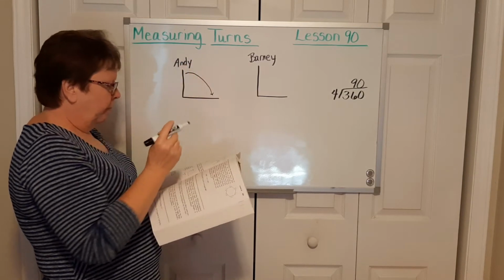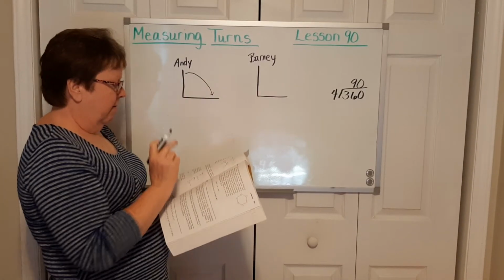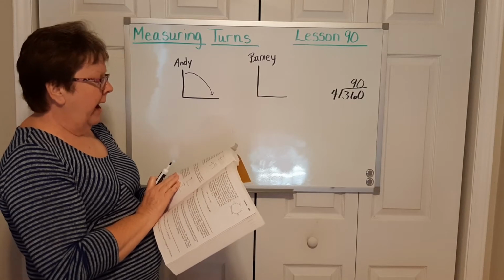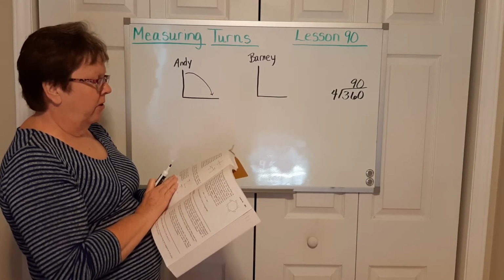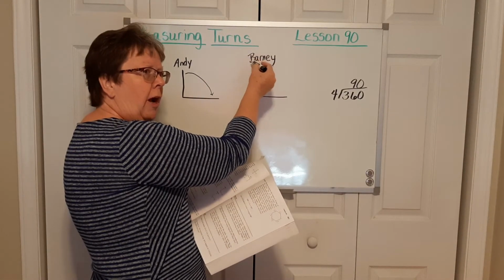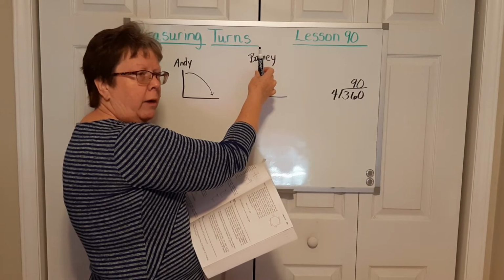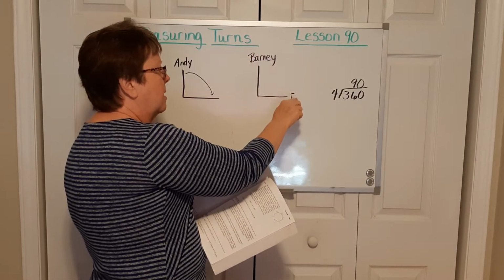So now he's facing east. Okay, and it says while Barney turned counterclockwise to face east. Well here's Barney. Counterclockwise means it's the opposite of the way a clock goes, which would be this way. Now this is east.